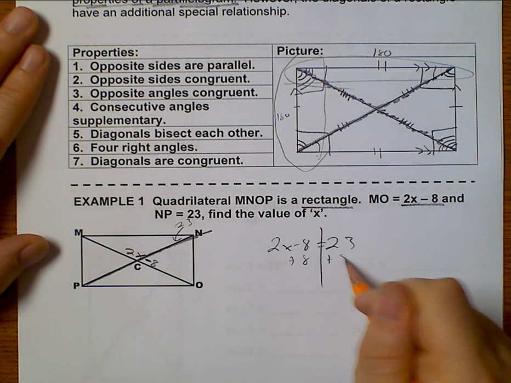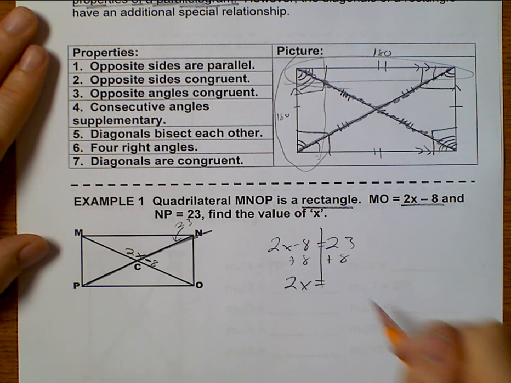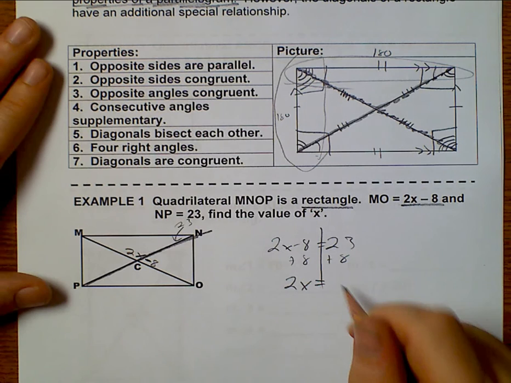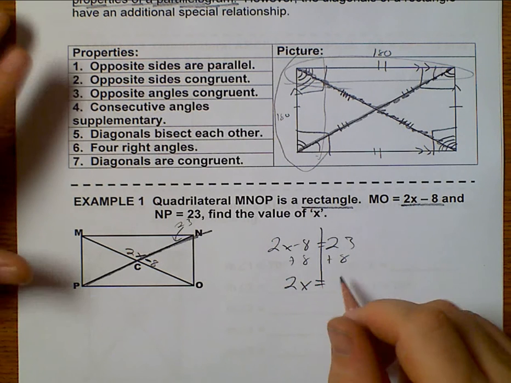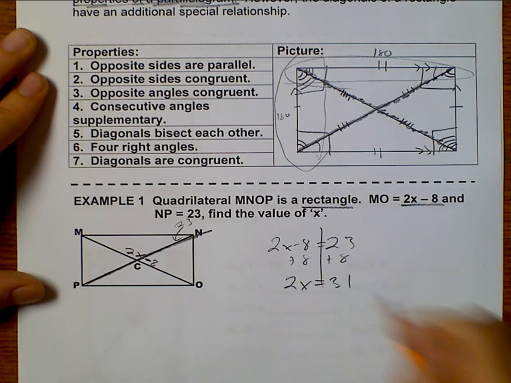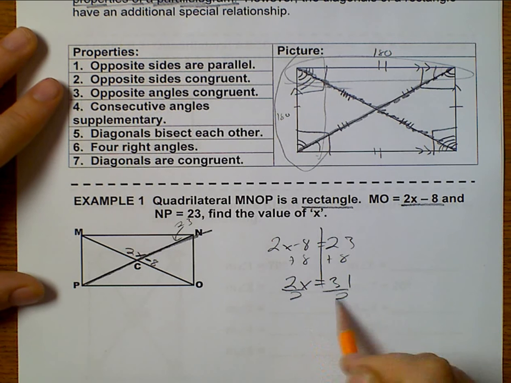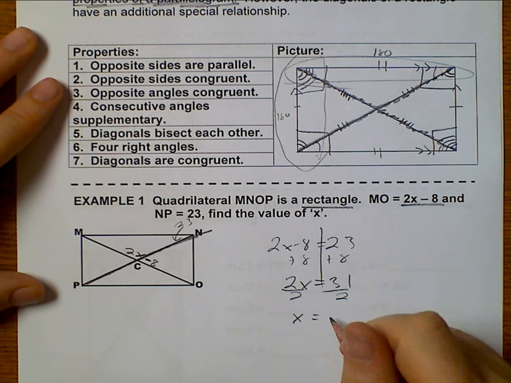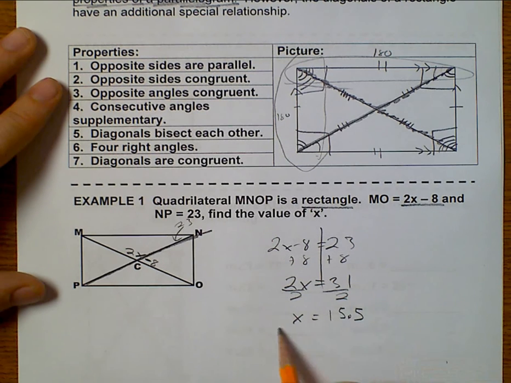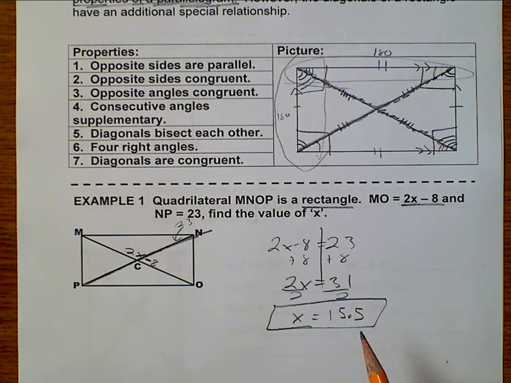We just add 8 to both sides. We get that 2x equals 31. Divide both sides by 2, and we get that x equals 15.5. Simple enough.